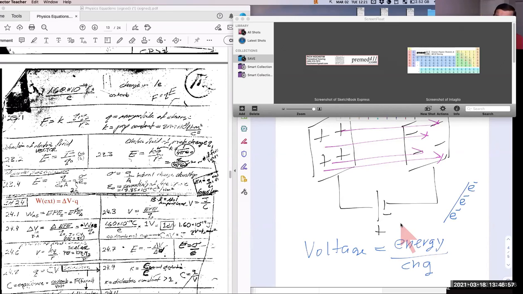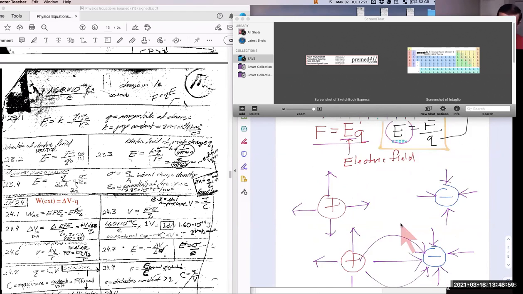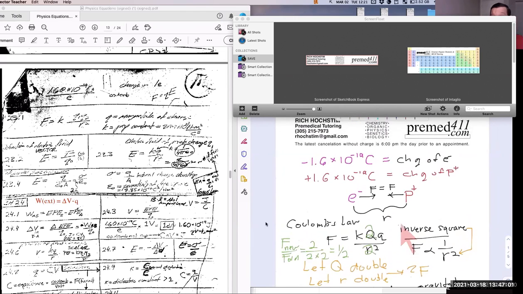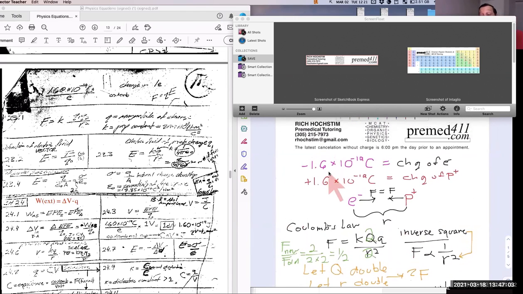What's the charge of an electron? The charge of an electron is negative 1.6 times 10 to the minus 19 coulombs. So for every 1.6 times 10 to the minus 19 coulombs, each electron has a certain amount of energy that you can use to do work.